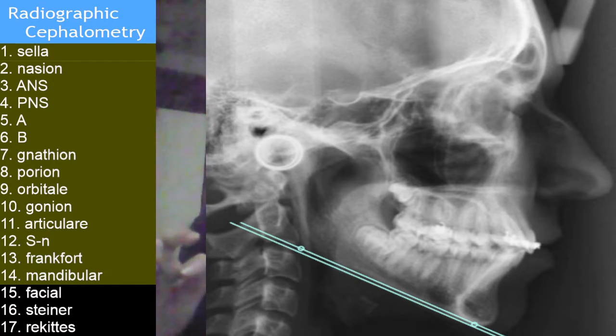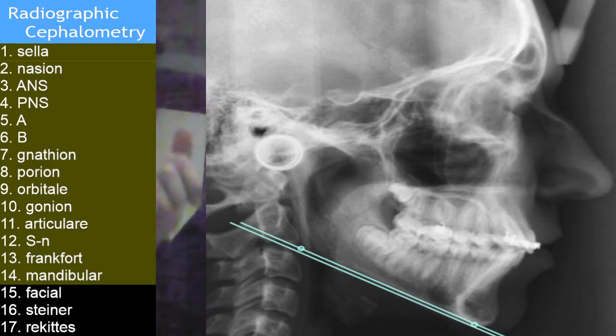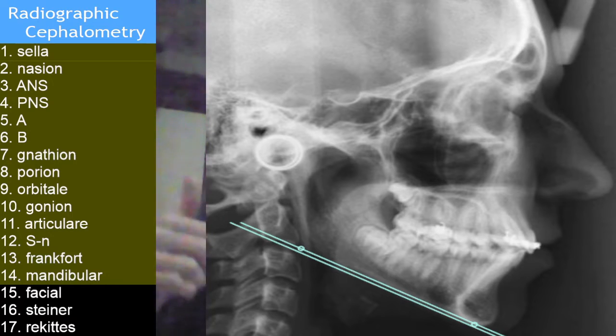And what is the menton? Some might ask. We haven't discussed the menton yet. But the menton is a unilateral point. It is opposite to the point B. It is near the point B, and it is at the chin.